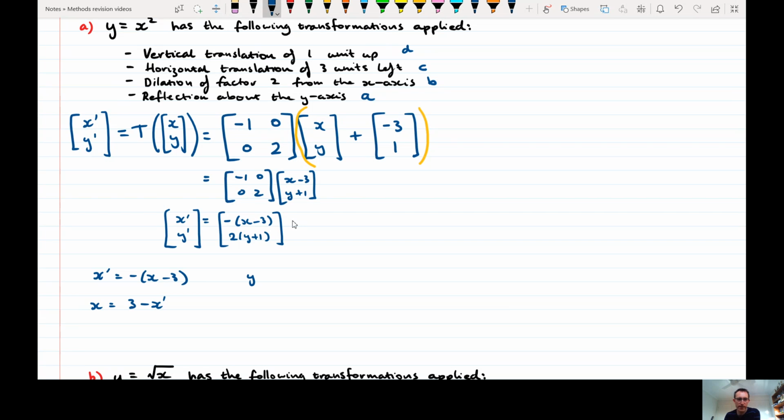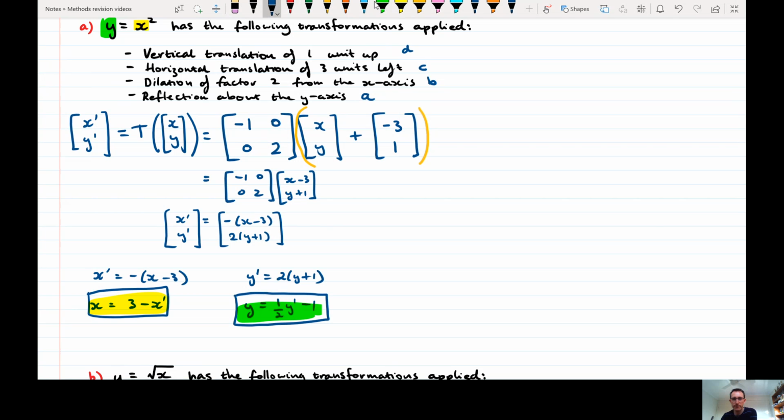The other one, we have y dash equals 2 bracket (y plus 1). So we divide by 2 to get 1/2 of y dash, and then we subtract 1. And it's these two things that we substitute into our equation. So y is replaced with all of this, and x is replaced with all of this.